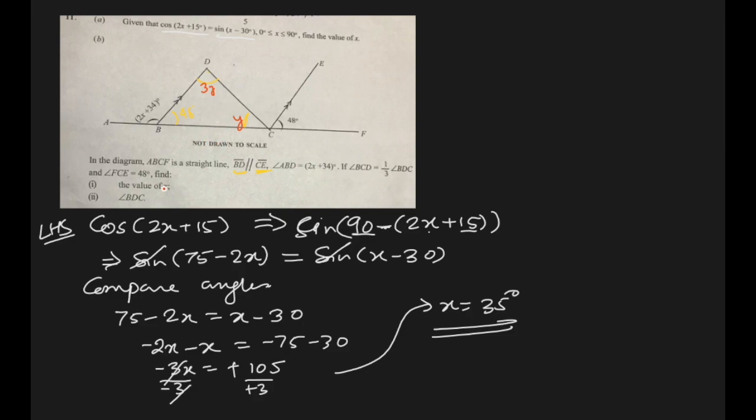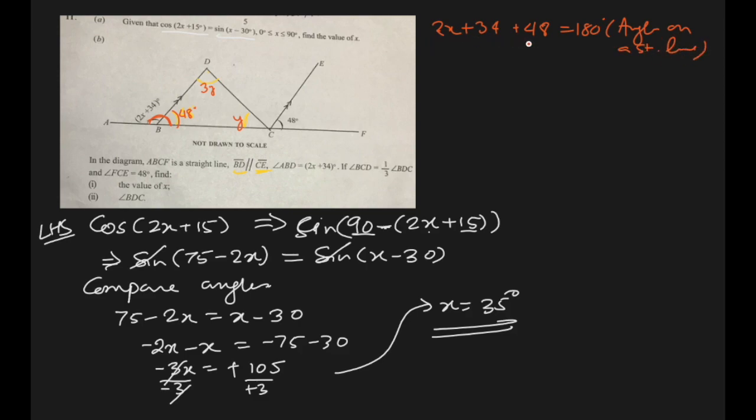All right, what are they asking? The value of x. So we know this is 48, so their sum will be 180 because they are angles on a straight line. So 2x + 34 + 48 is going to be 180. Reason is angles on a straight line.